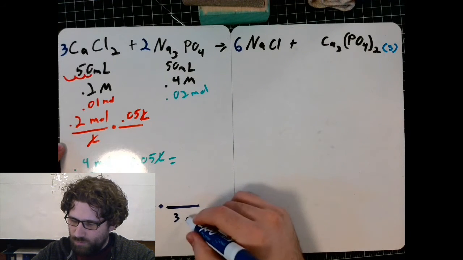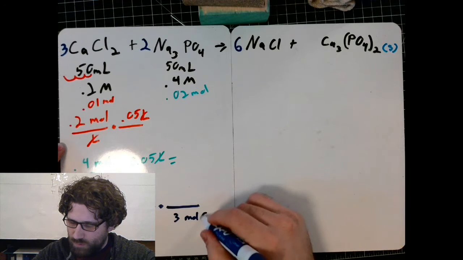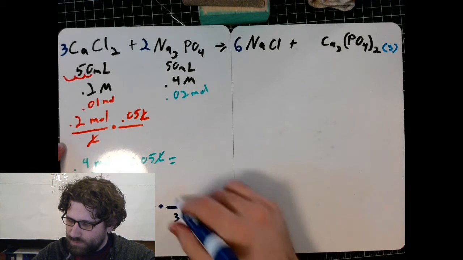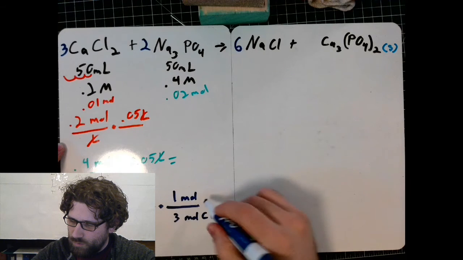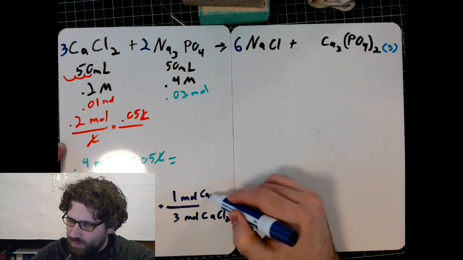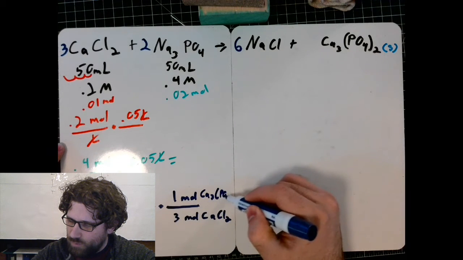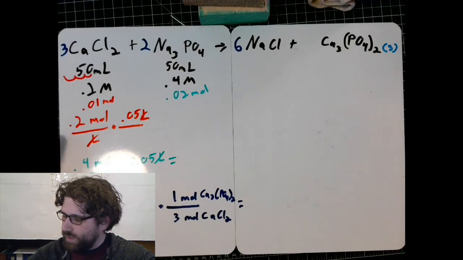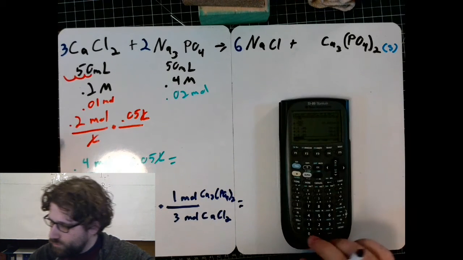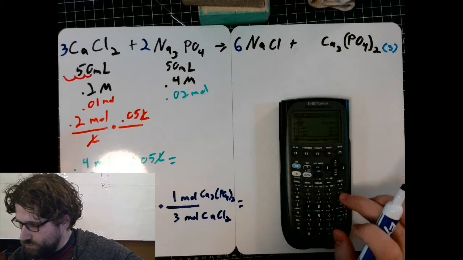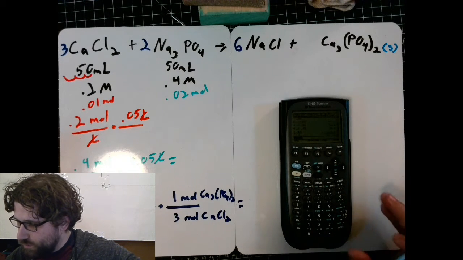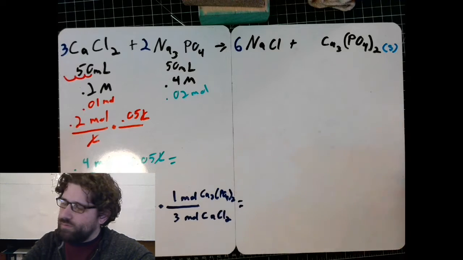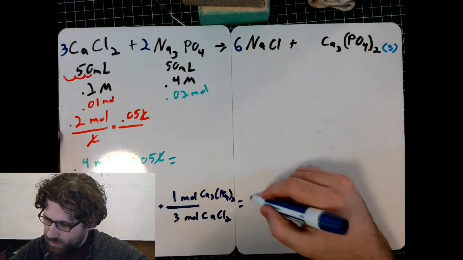So I need to take 3 moles CaCl2 to 1 mole of Ca3(PO4)2. What'll that get me? 0.01 divided by 3 gets me 0.003.